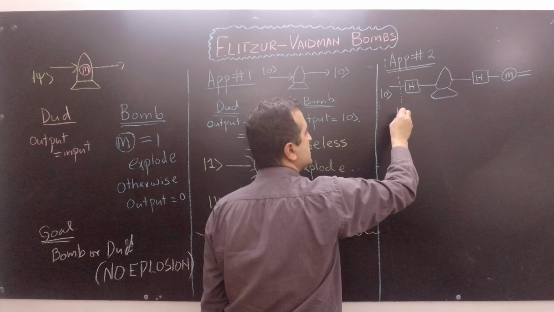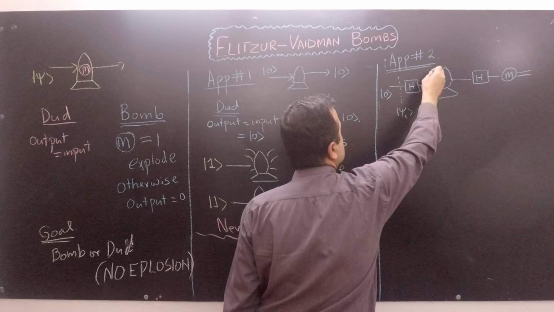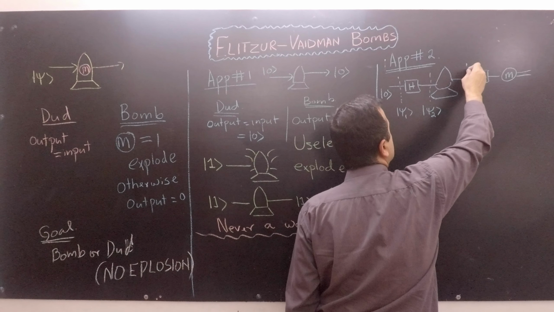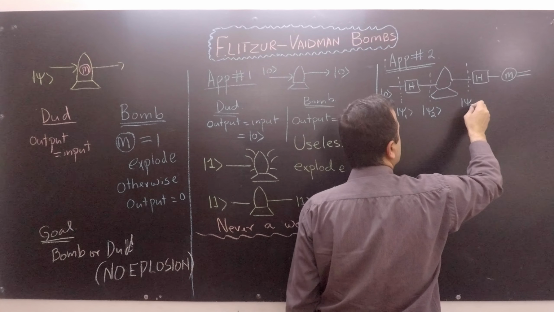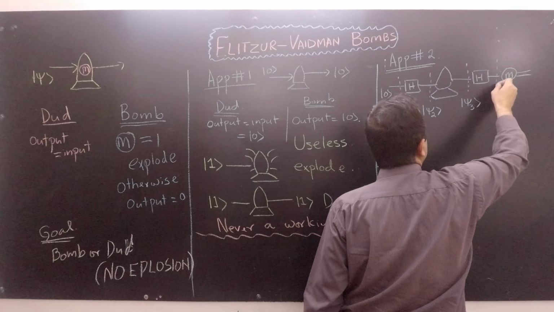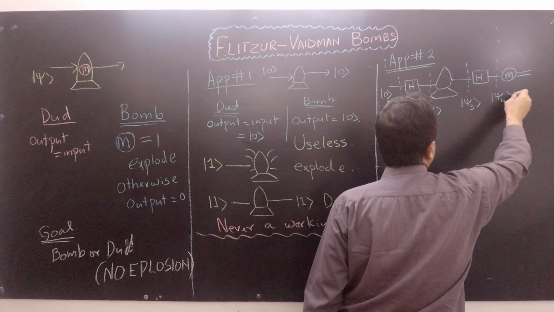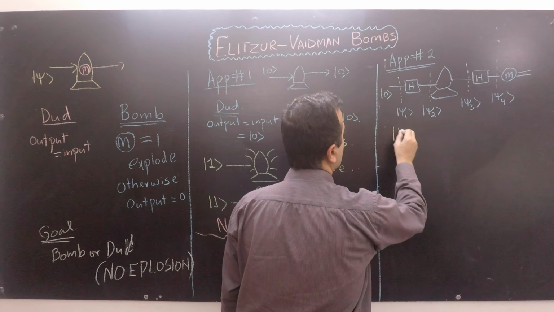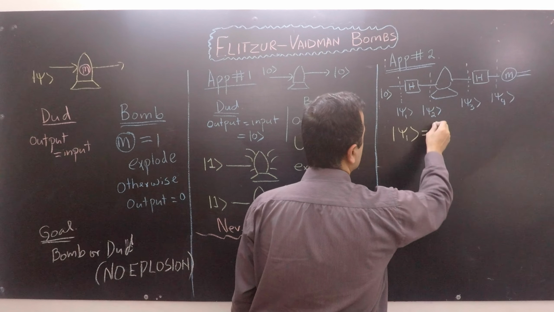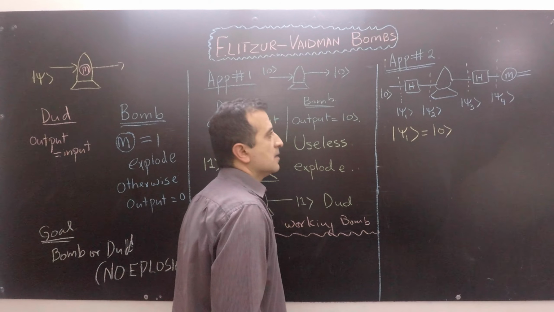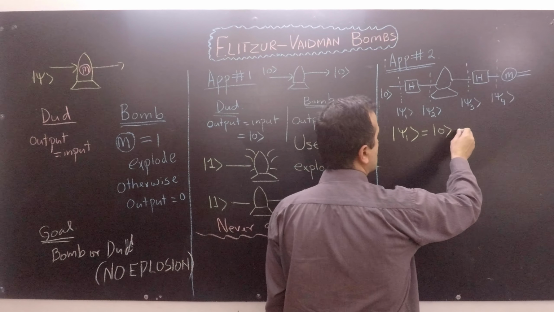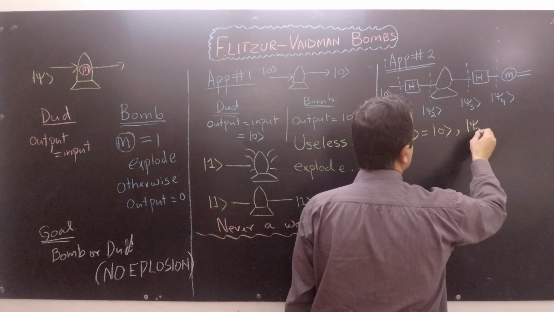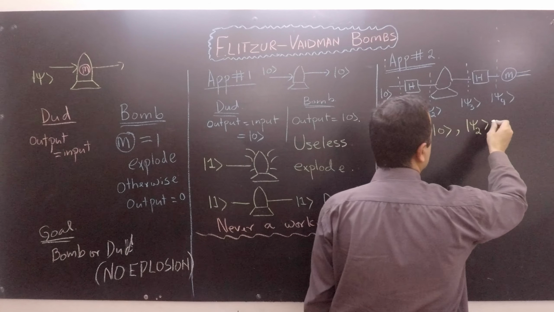We call the first stage ket psi 1, second stage ket psi 2, the outcome of the third stage will be ket psi 3, and the final stage outcome will be ket psi 4. Ket psi 1 will always be equal to ket 0. In ket psi 2, we will apply Hadamard gate on ket psi 1. So ket psi 2 will be an equal superposition of 0 and 1.